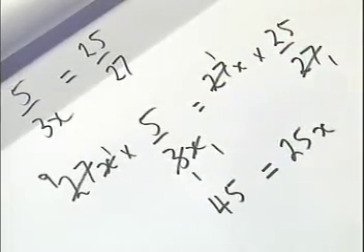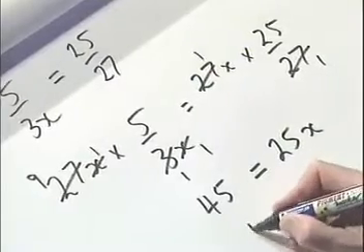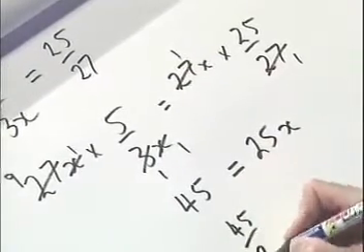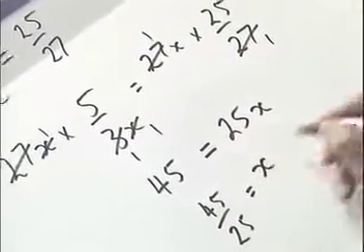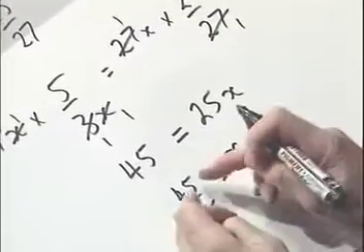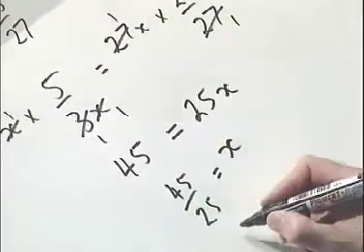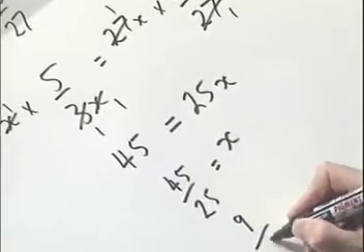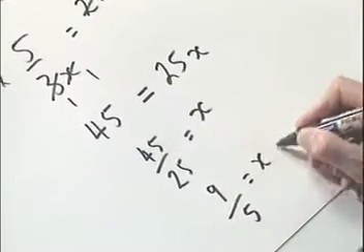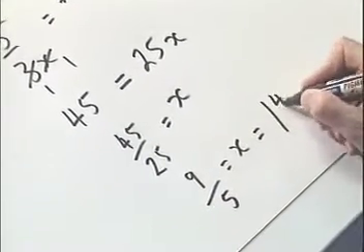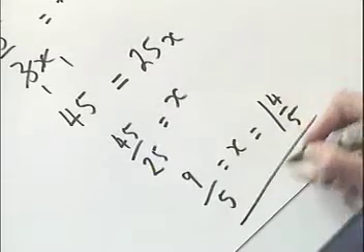Now I need to divide both sides by 25, so I have 45 over 25 equals x. This is not in its lowest terms. I can divide top and bottom by 5, giving me 9 over 5 again, which again I can write as 1 4/5.